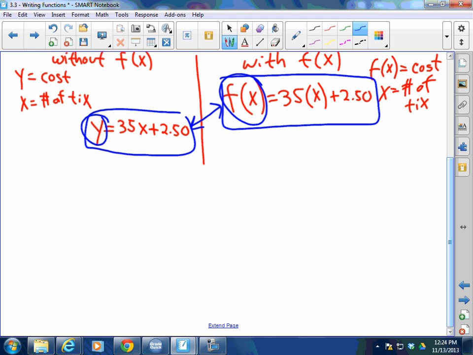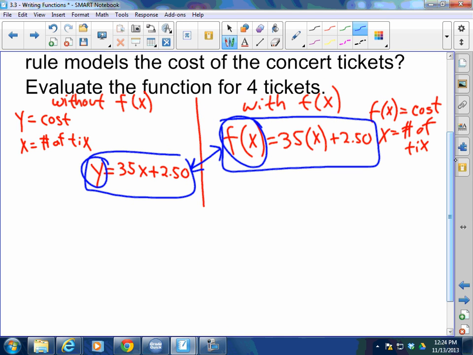Now, evaluate the function for 4 tickets. You can evaluate it for both of them. Y equals 35 times 4 plus 2.50. So that's going to be 140 plus 2.50 is 142.50. That's my cost.